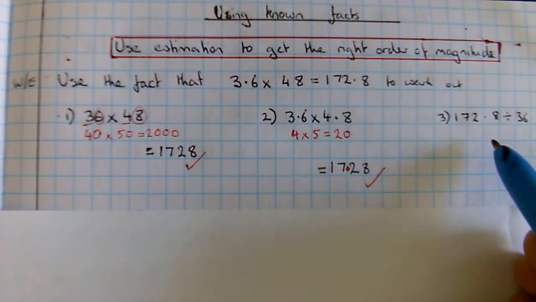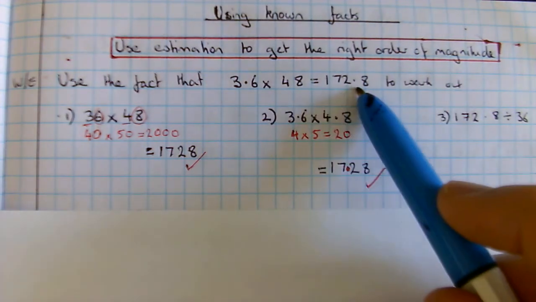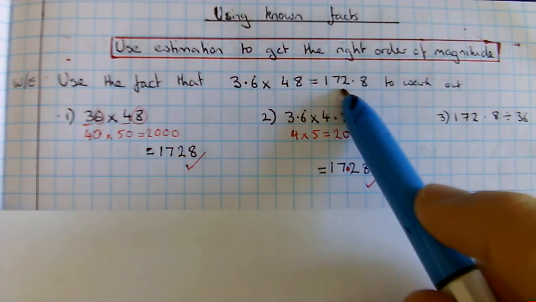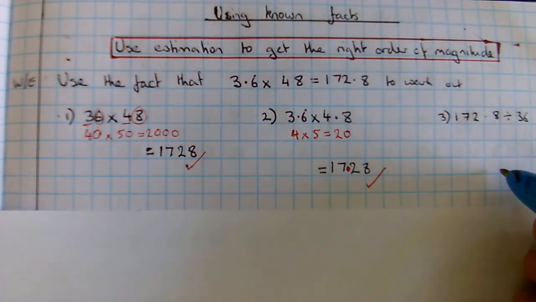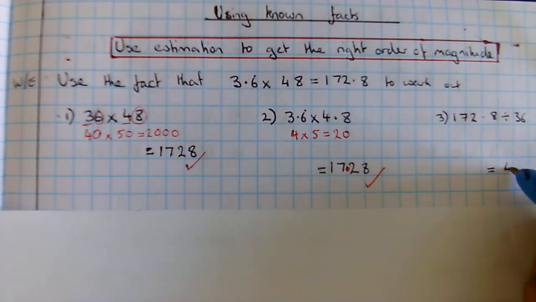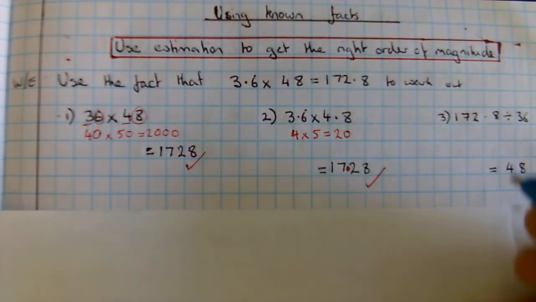My last one's slightly more difficult because it involves a division. Well, if we think about it, if I rearrange this, I would end up with 172.8 divided by 36, divided by 3.6 is 48. So I know that here, the answer to my division must involve the digits 48. Again, I don't know where I'm going to put the decimal point or whether I'm going to put any zeros in afterwards. Again, we're going to round to one significant figure.